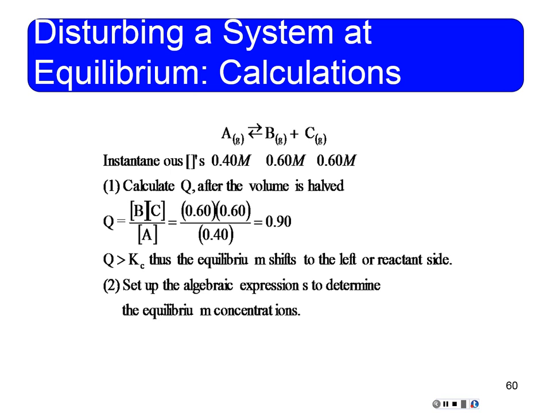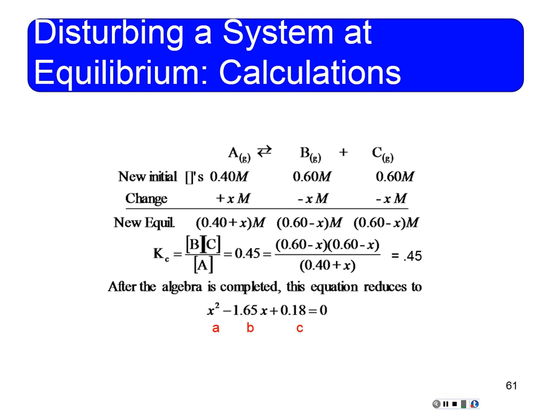So if we look here, our new initial are after we doubled our concentration, so we get 0.4, 0.6, 0.6. We know that. Now our sign's different. We have plus X on the reactant side because that's the way we are shifting, and we're losing products, so we have minus X and minus X for B and C. So we bring that down, we get 0.40 plus X. Remember, we're finding concentration, so it's molarity.